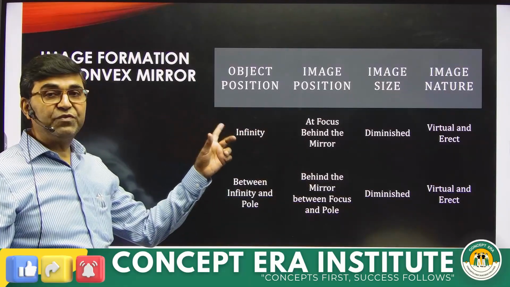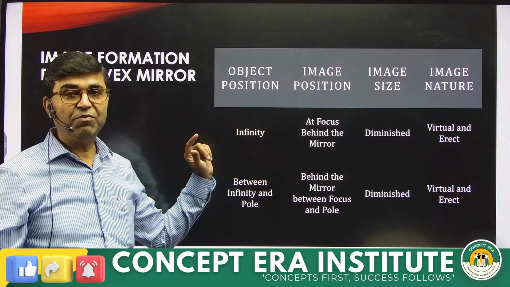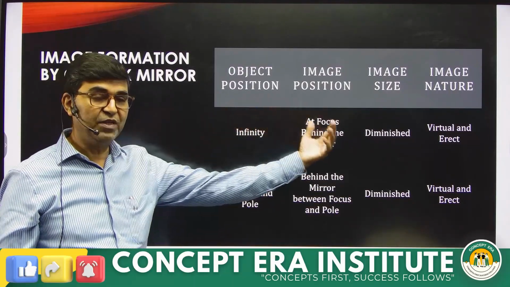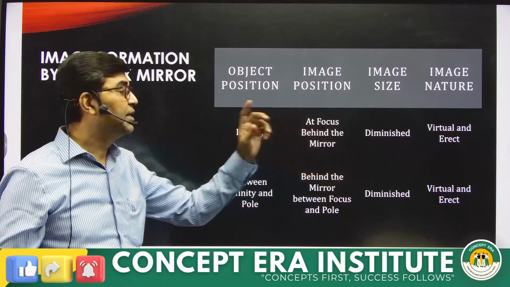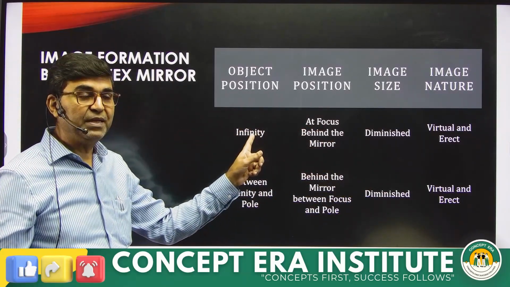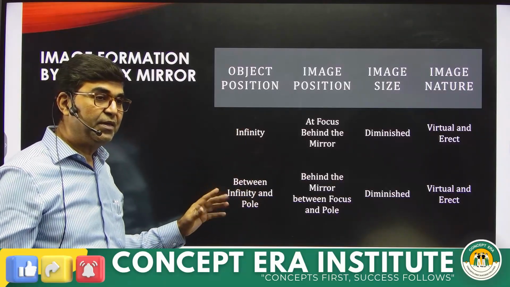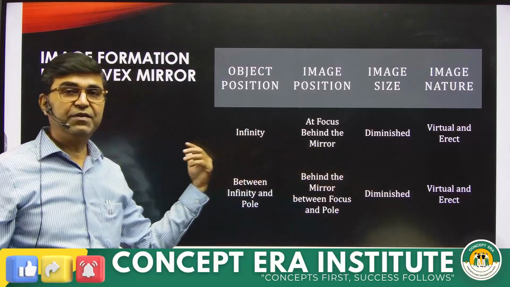And the virtual image formed in a convex mirror is always slightly smaller than the object. That is always formed behind the mirror. So there are two cases. One, when the object is placed at infinity, and the other, when the object is placed at any point between the pole and the infinity.